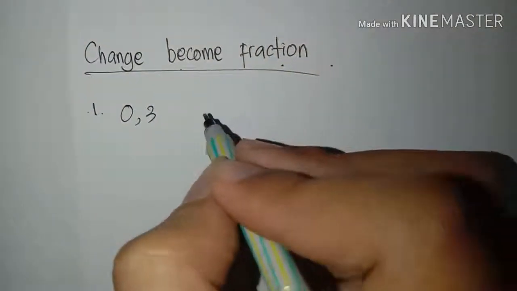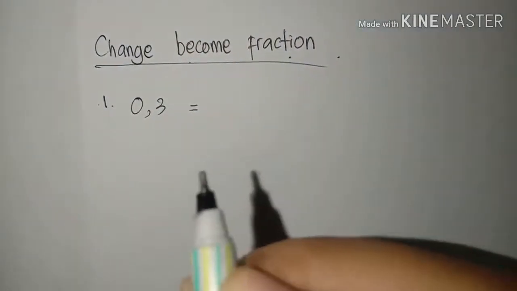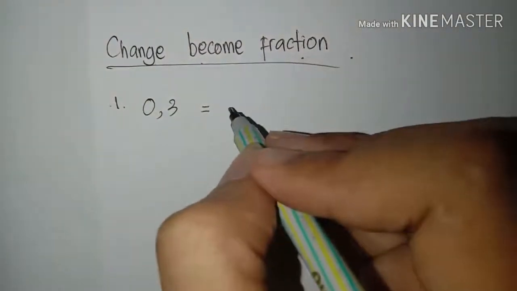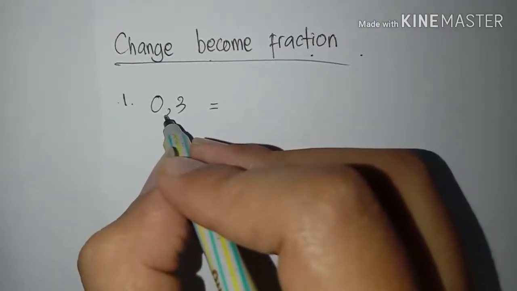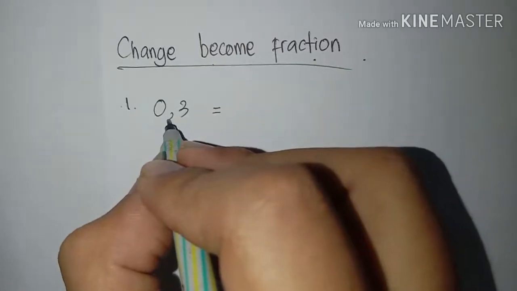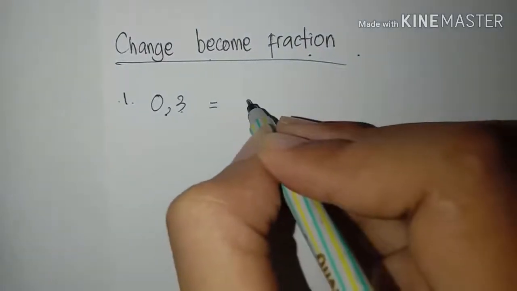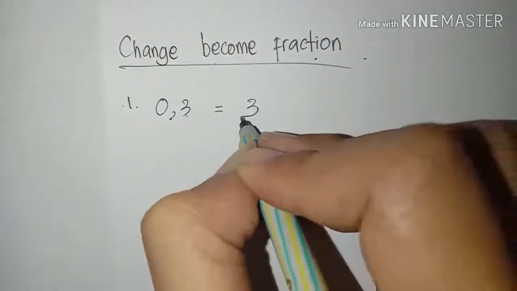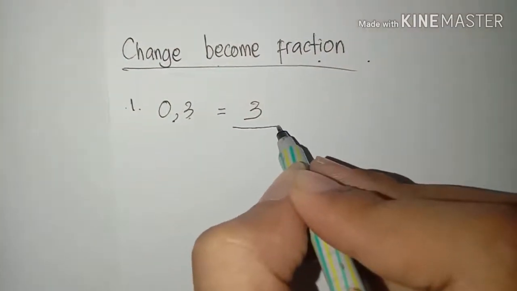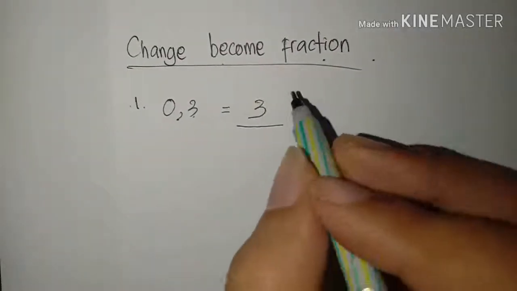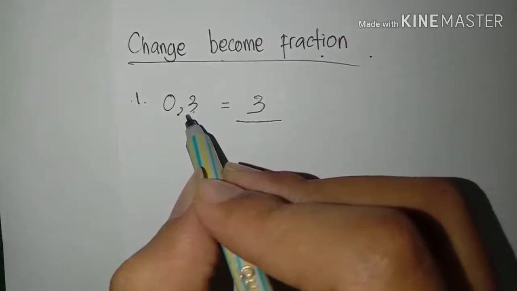0.3 change become fraction. How is the way? So easy way. The number behind the point, you can write first, that is 3, and then you can write per, and then how many numbers are behind the point?